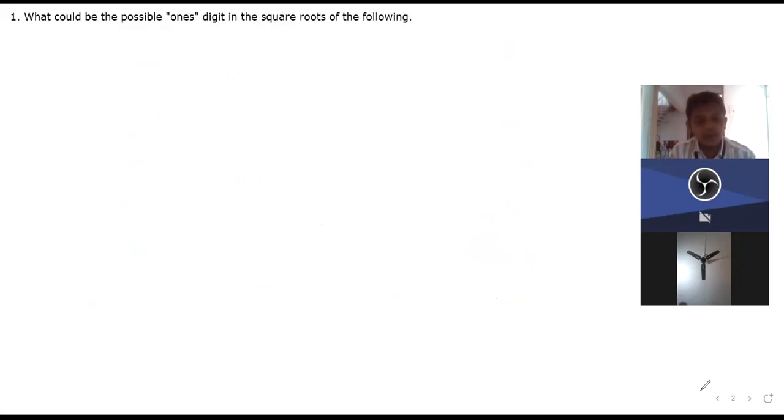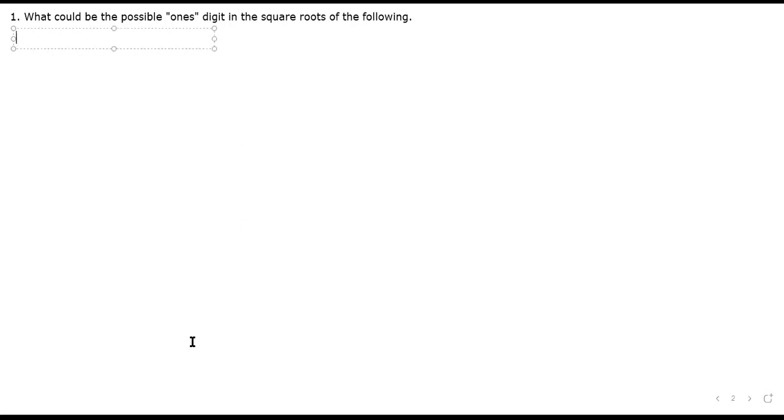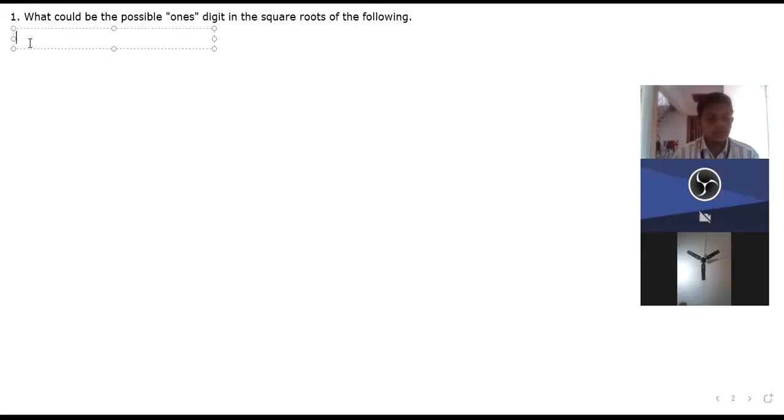Okay. Now it is a straightforward question. Need not worry. Here directly we are going, right? The first number they have given to us is 9801.